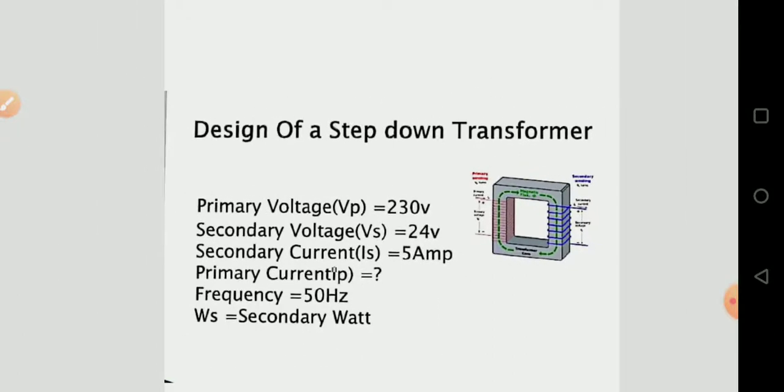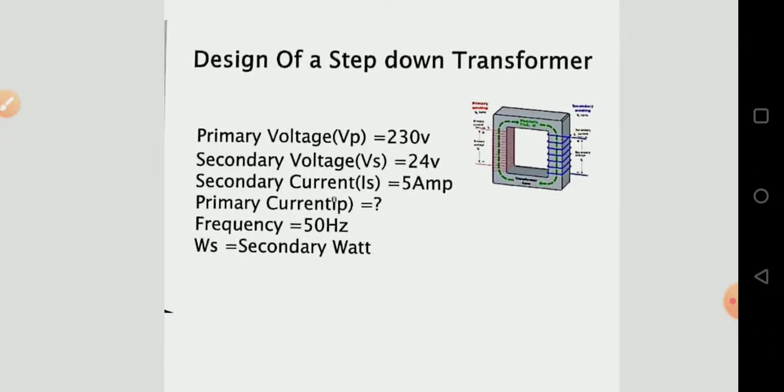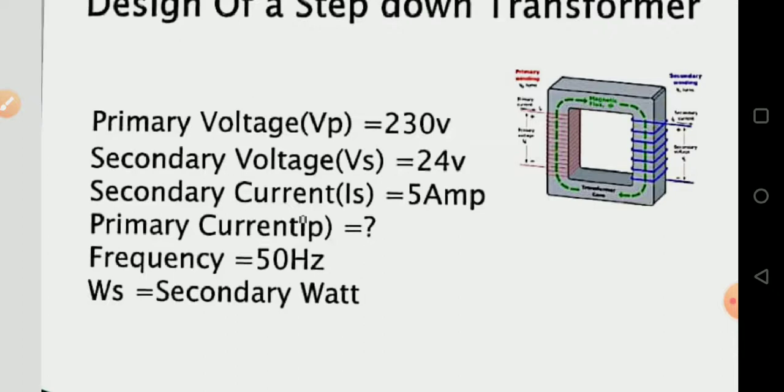Now for example, if you have a transformer whose primary voltage, denoted by Vp, is 230 volt, and the secondary voltage, denoted by Vs, is 24 volt, we can say this is a step down transformer.